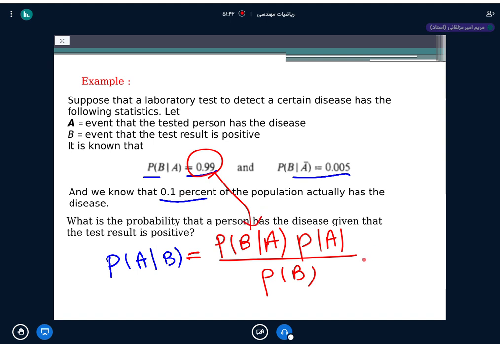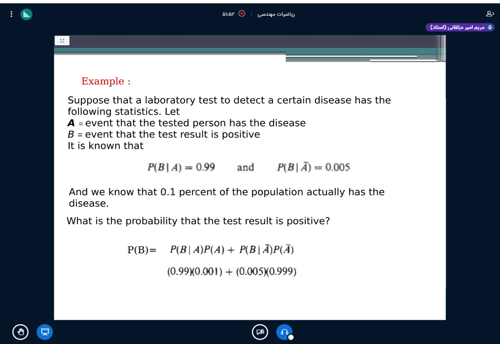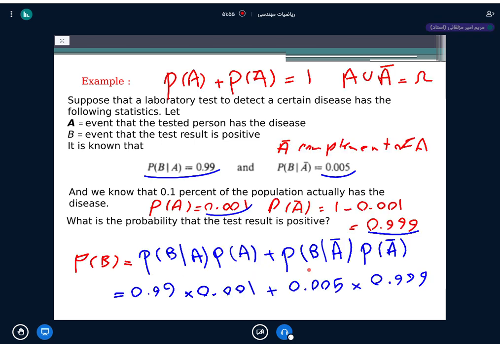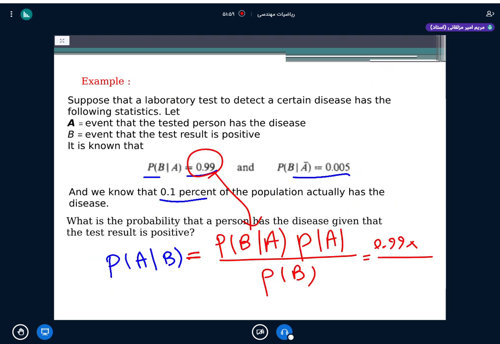So probability of B given A is equal to this value. Probability of A, as we said in this section, is equal to this value.